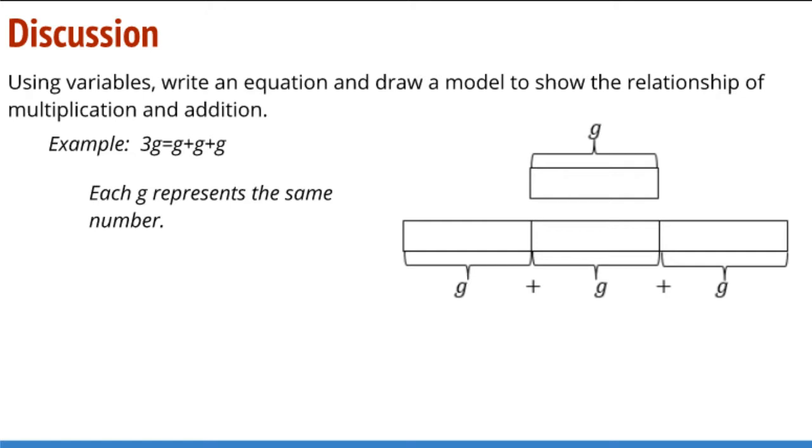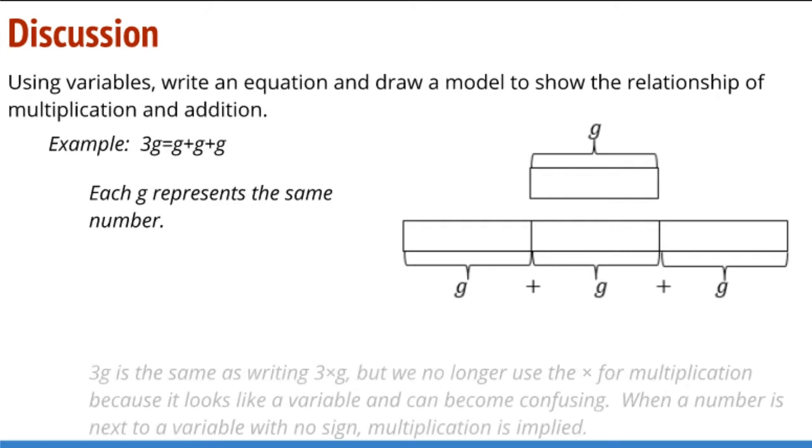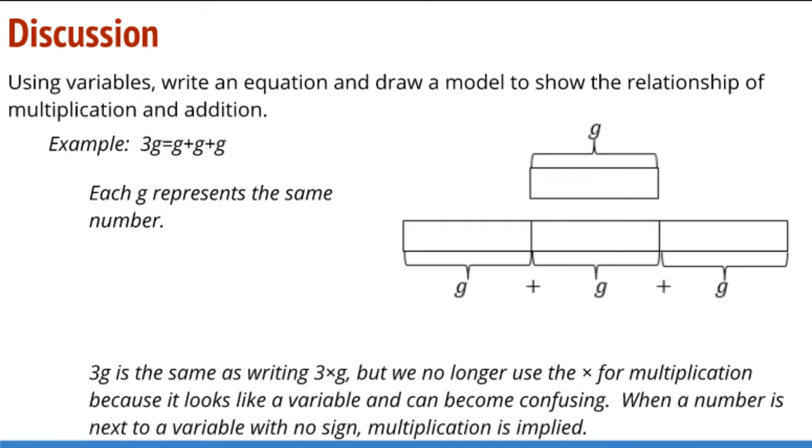We've got just a variable, so one of them, and then we've got 3 of them. So 3G is the same as 3 times G. Notice that we're skipping the x for multiplication. It looks like a variable. That can be confusing. Write something like this. Is that 3 times G, or is that 3 times x times G? Which brings us to another discussion.